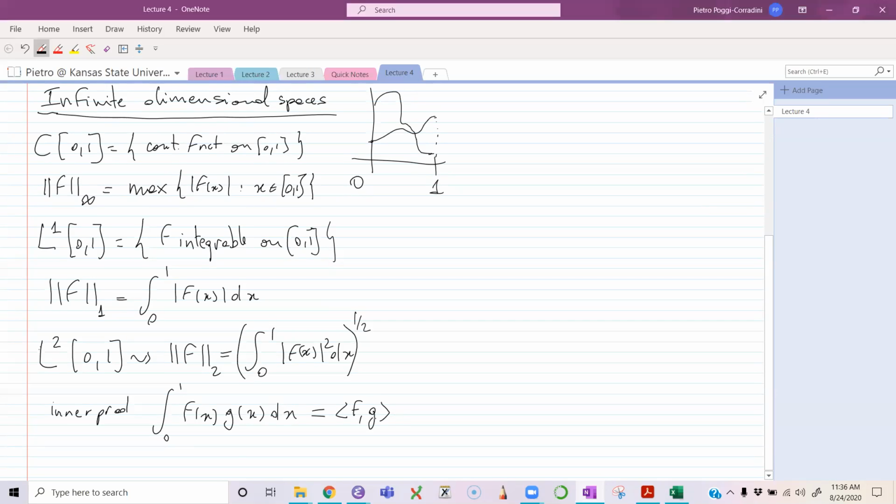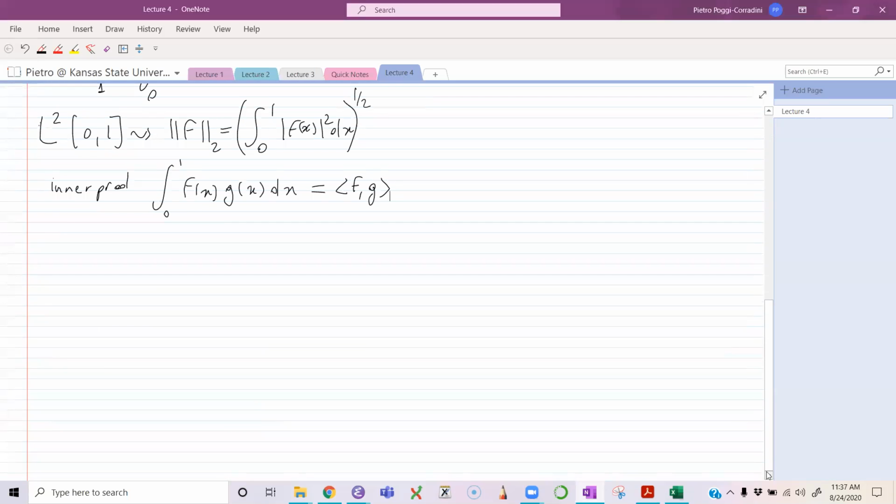And you get your 2 norm that way. These are called function spaces. There's also sequence spaces. This is sequences.